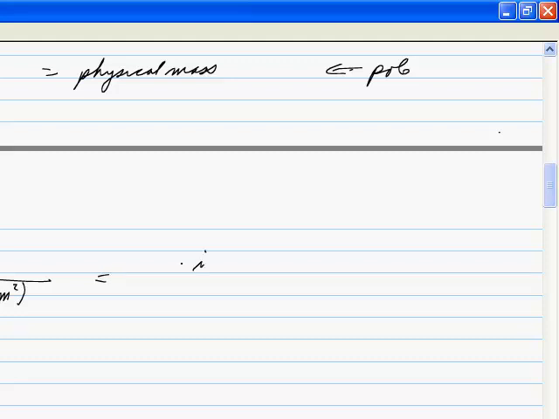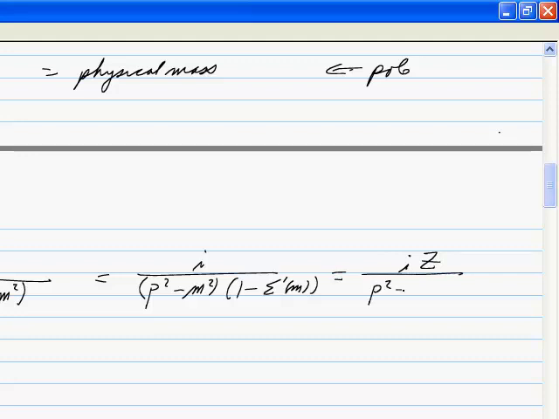So this looks like i over p squared minus m squared times 1 minus sigma prime of m squared, which we write as iZ over p squared minus m squared. So we see that the next term has the feature of shifting the magnitude of the propagator.